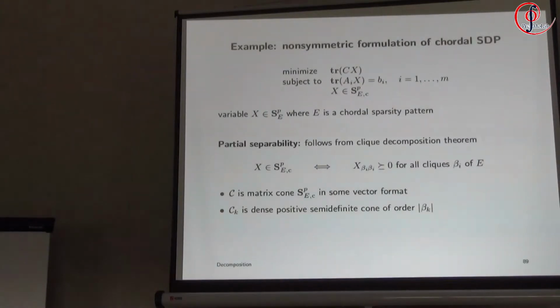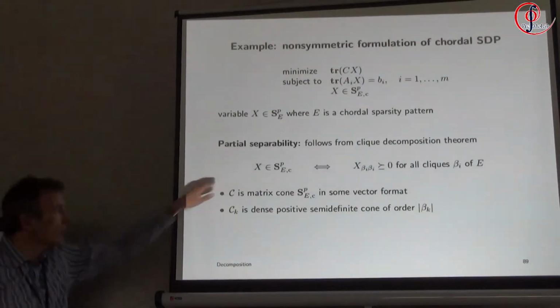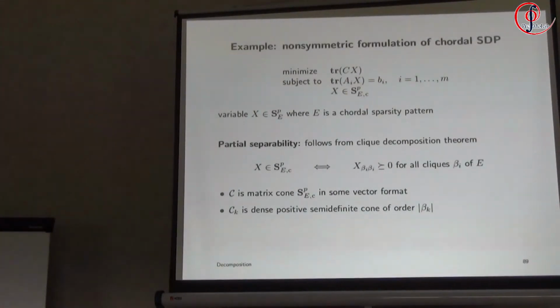And then yesterday we saw this famous result for completion of Chordal matrices. A matrix with a Chordal sparsity pattern E has a positive semidefinite completion if and only if all the fully specified principal submatrices are positive semidefinite.